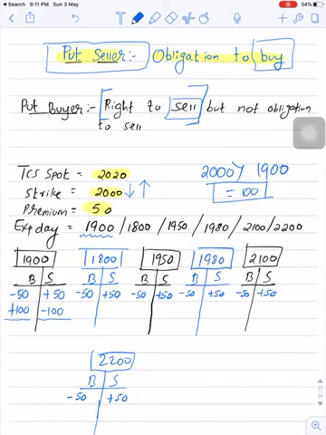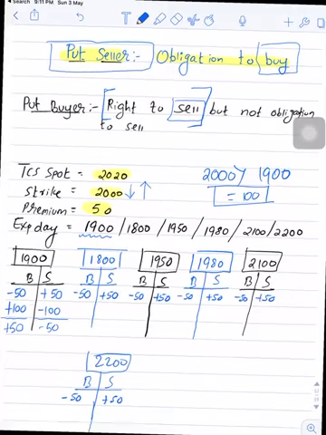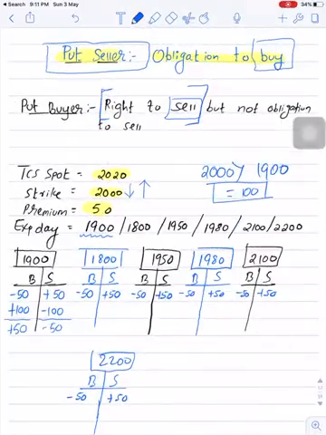Hence we have written minus 100 over here. So on a net basis, the put buyer is making 50 rupees per share or 50 points, whereas the put seller is making a loss of 50 rupees per share or 50 points. So remember this point, the option buyer will pay premium, the option seller will receive premium, the option buyer receives intrinsic value, and the option seller will pay intrinsic value.